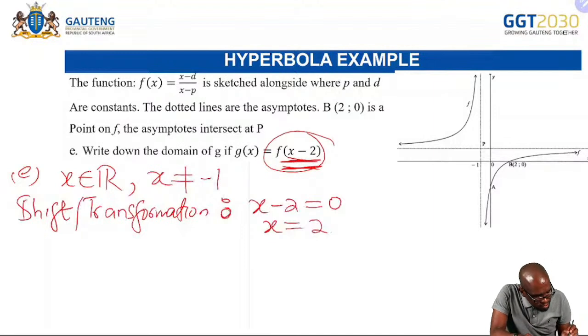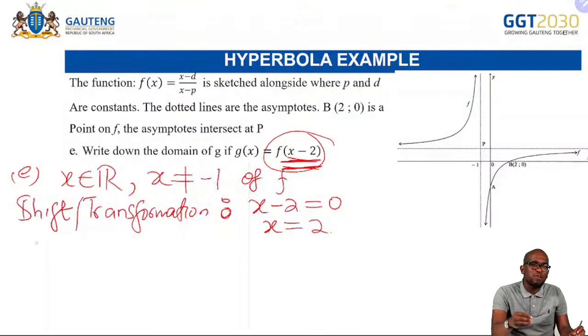So this is the domain of what? Of f. So to find the domain of g, we need to apply what? The transformation. We transform the domain of f to get the domain of g because we know the transformation.